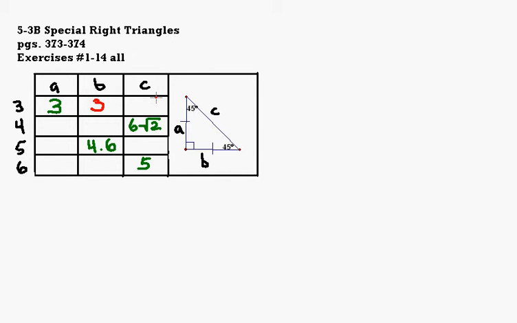And C is simply going to be the length of the leg times the square root of 2. So in radical form, this would be 3 square root of 2.